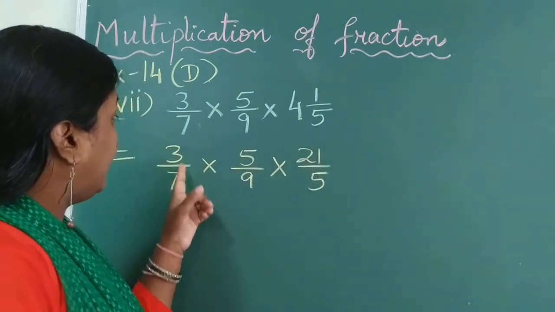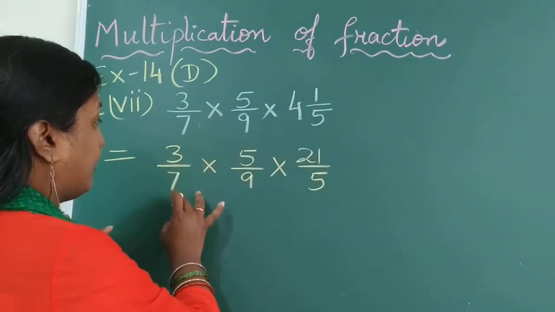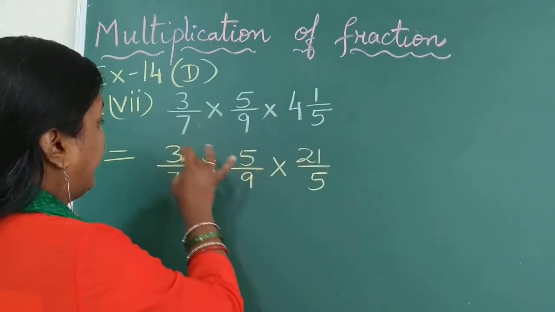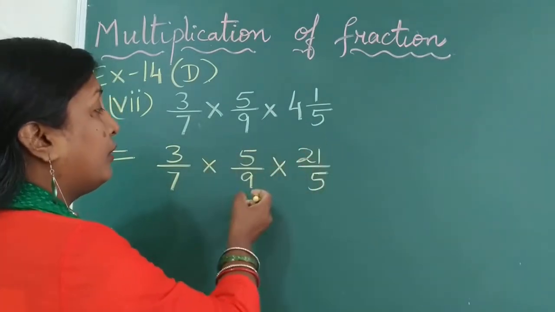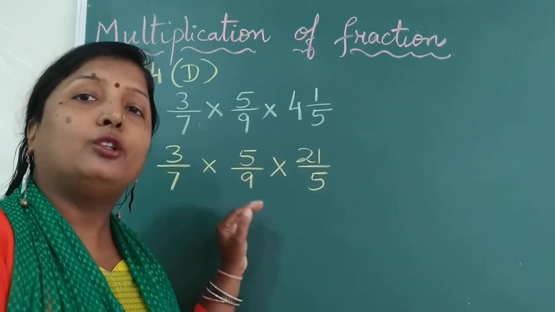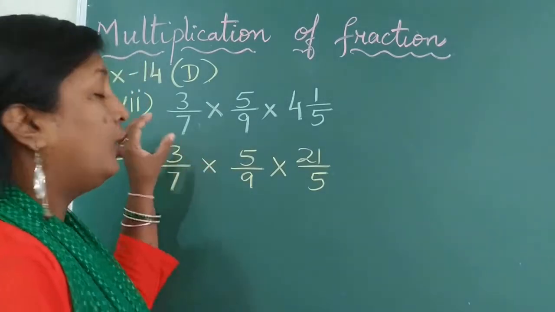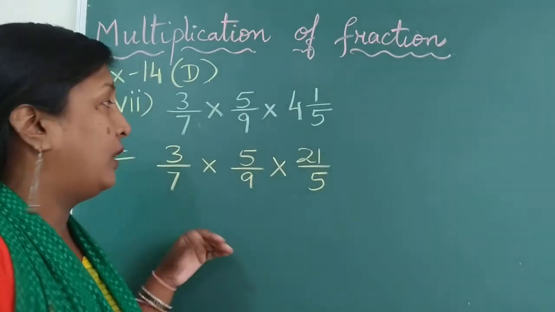It's denominator and numerator that are divided. So I can divide 3 by 7, I can divide 3 by 9, I can divide 3 by 5. Similarly with 5, similarly with 21. So remember that whenever you are cancelling, it is a numerator with a denominator. Is that clear, children? So let us see.